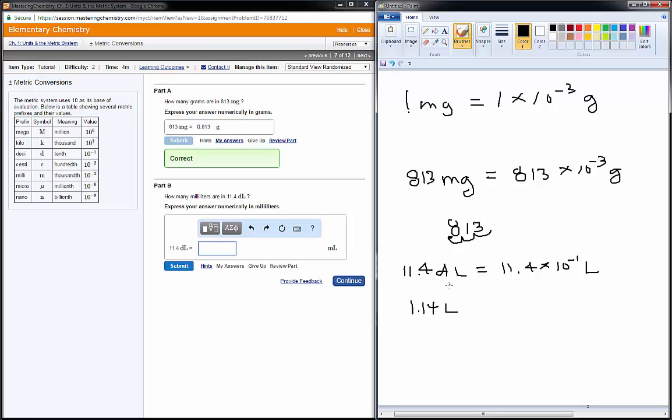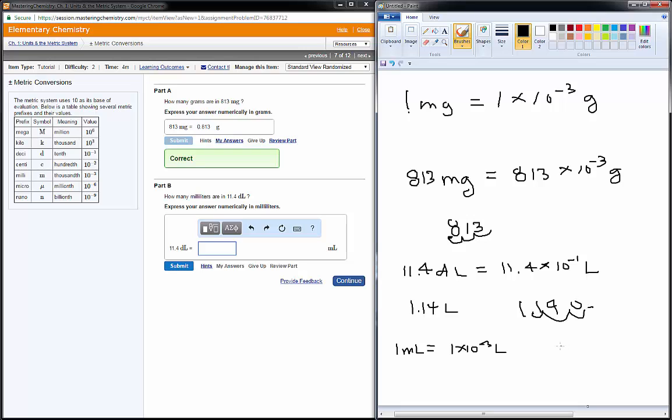Now to take that to milliliters, I know that 1 milliliter is equal to 1 times 10 to the negative 3 liters. So since 1 milliliter is equal to 1 times 10 to the minus 3rd liters, if I can get this to say times 10 to the minus 3rd, then I will have the milli prefix. So 1.14, to move this so that I get minus 3, I'm going to move it 1, 2, 3.